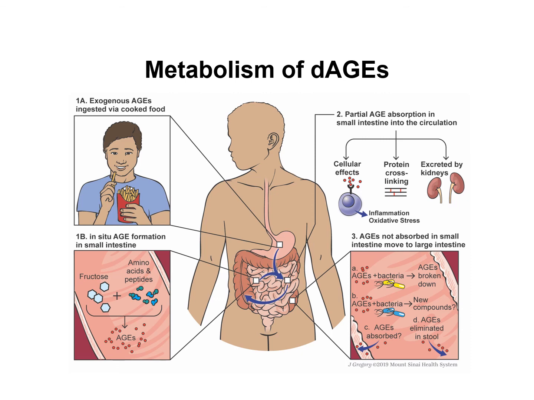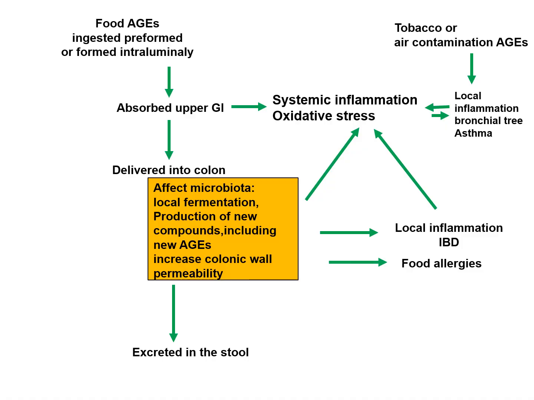While the AGE that is not absorbed in the small intestine moves to the large intestine, it can either be excreted in the stool, react with RAGE receptors on the surface, or react with the microbiota. And again, this is another way to present the same summary.